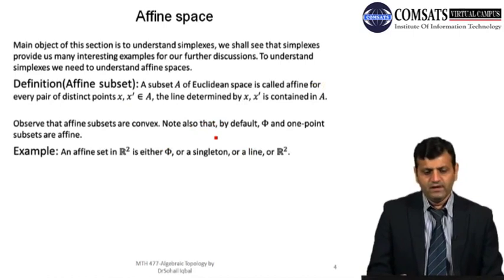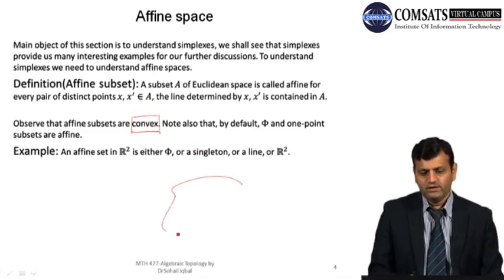So observe that affine subsets are convex. In the definition of convexity, we impose the condition that the line segment joining any 2 points. Sorry, this is not convex because the line segment joining these 2 points is not contained in the set.